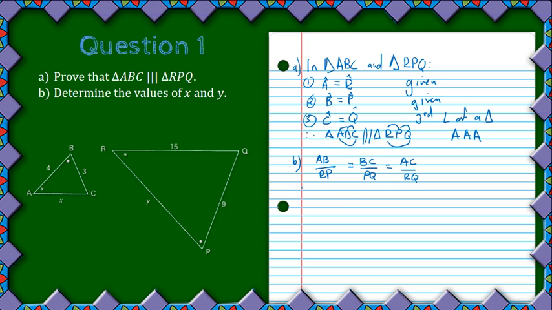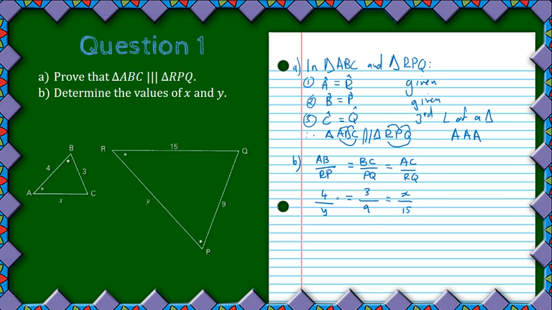Then we fill in the known values. AB is 4, RP is Y, BC is 3, PQ is 9, and AC is X, RQ is 15.